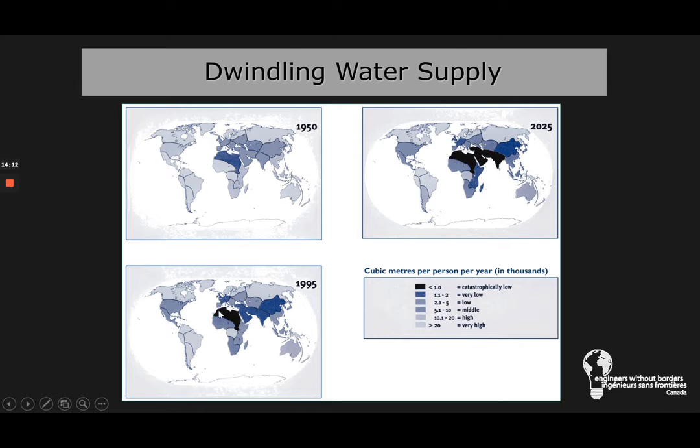The darker areas that you see, the worse the situation is. It was projected that by 2025, most of Africa, Southern Europe, and Asia will have quite low water supply. Even in the United States, North America, we are starting to see that kind of problem as well.